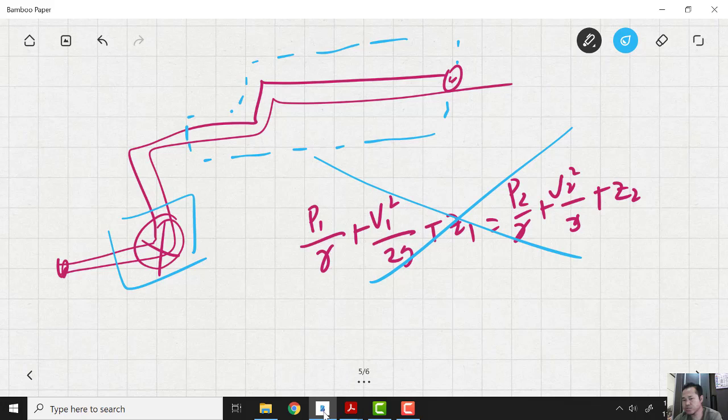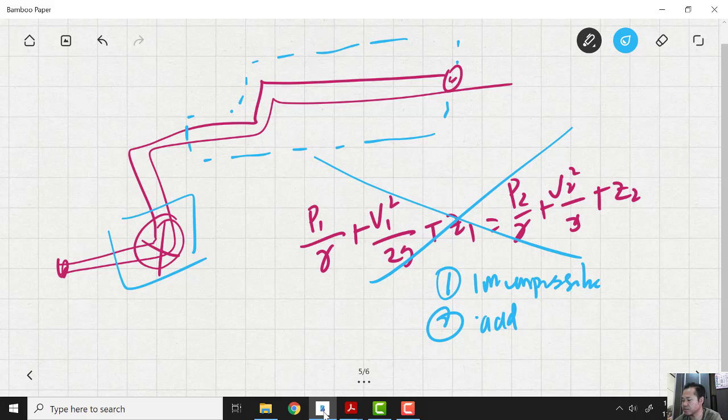How do we use this Bernoulli equation? We have three restrictions. One, the fluid is incompressible. Secondly, no energy-adding device. And lastly, no energy-removing device is involved. What are the devices that remove energy?